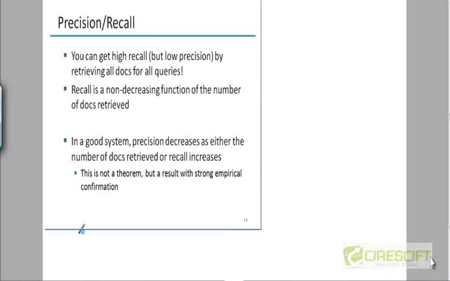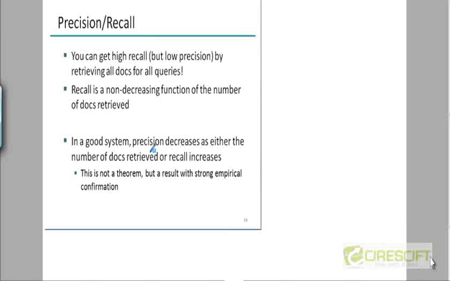Precision will decrease, correct? Yeah, precision will decrease, but what's the reason for that? Smaller the document, higher will be the precision, sir. So when the document size increases, the precision will decrease.